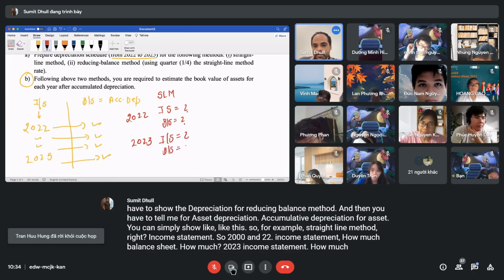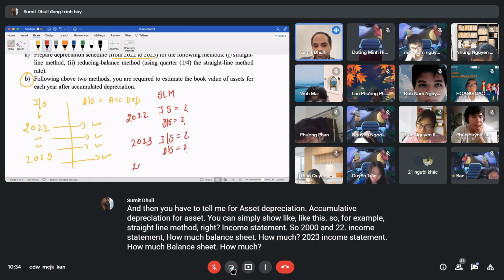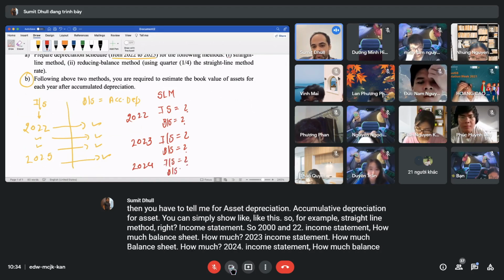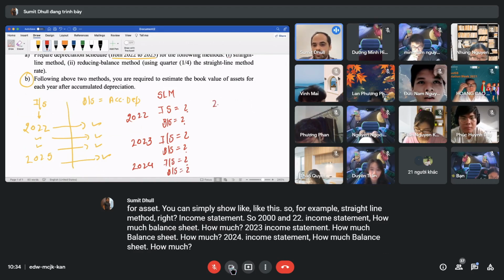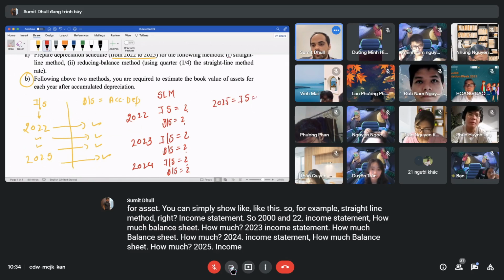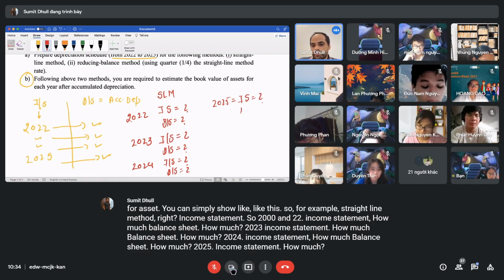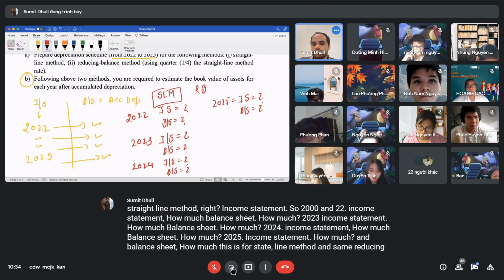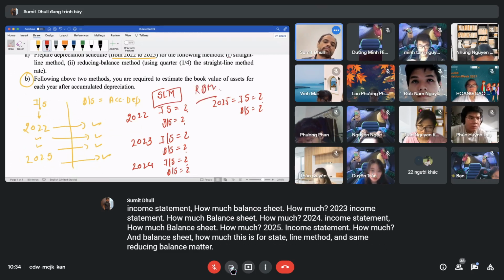Balance sheet, how much? 2024 income statement, how much? Balance sheet, how much? 2025 income statement, how much? And balance sheet, how much? This is for the straight line method, and the same for the reducing balance method. Right. So do that and give me the answer.